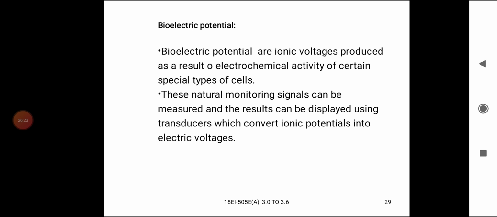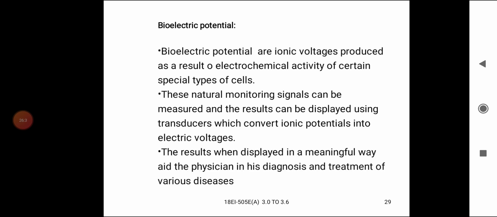These natural monitoring signals can be measured and the results can be displayed using transducers, which convert ionic potentials into electrical voltages. The results, when displayed in a meaningful way, aid the physician in diagnosis and treatment of various diseases.